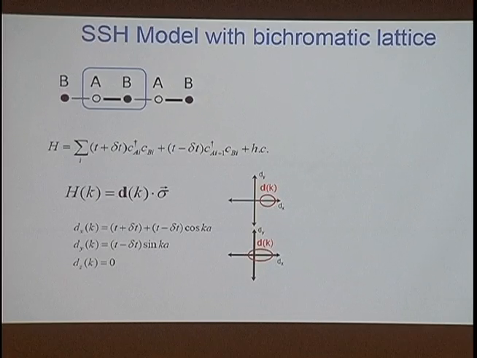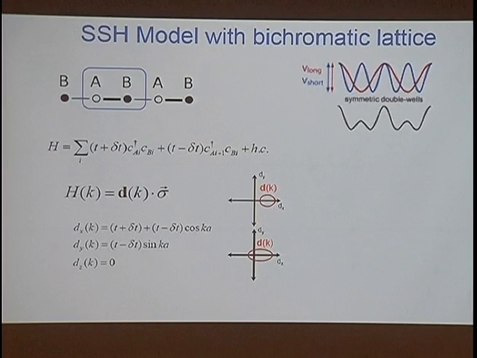Therefore, the Hamiltonian can be represented for each value of k as a vector in the xy plane. As we go around the Brillouin zone, this vector can either make a loop which doesn't go around 0 or a loop that goes around 0, and they cannot be contracted continuously into each other, because when they cross 0, we close the gap.